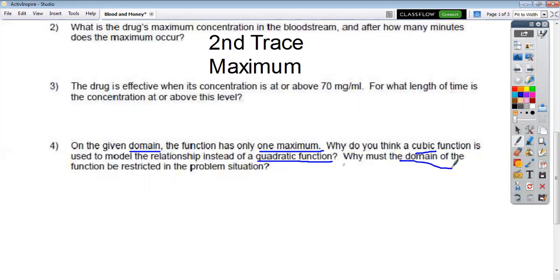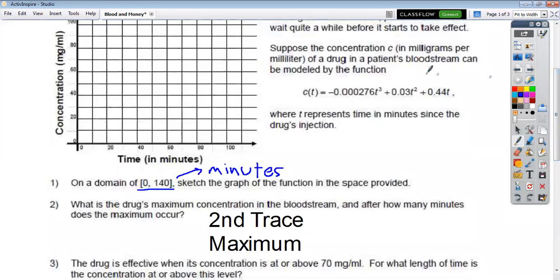Also, why must the domain here be restricted in the problem situation? What does the graph of this function right here do that means that it's not going to be good for something over 140 minutes?